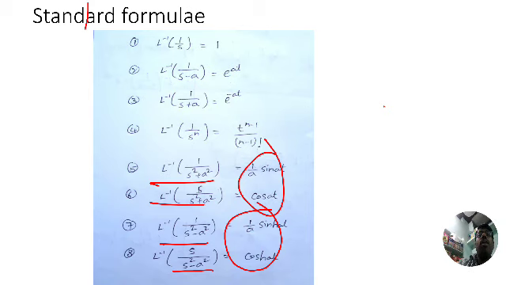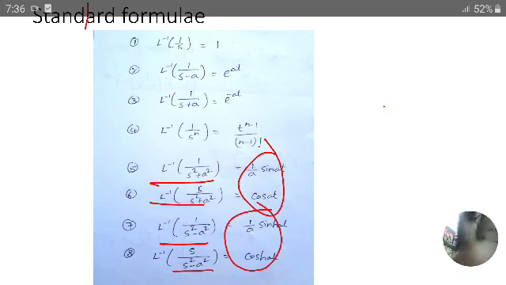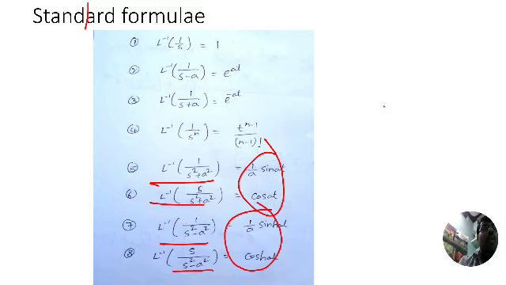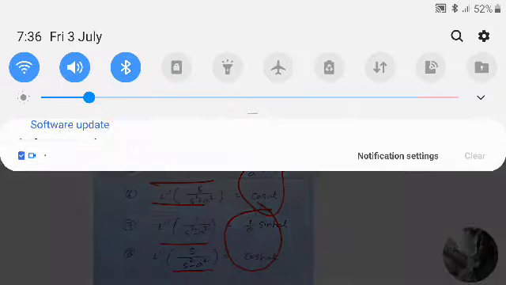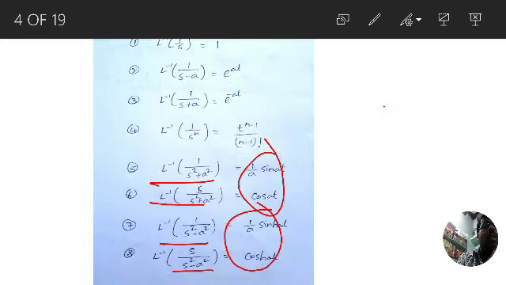Standard formulae. L inverse of 1 by s is equal to 1. Just now I said Laplace transforms and inverse Laplace transforms are inverse to each other. We know L of 1.